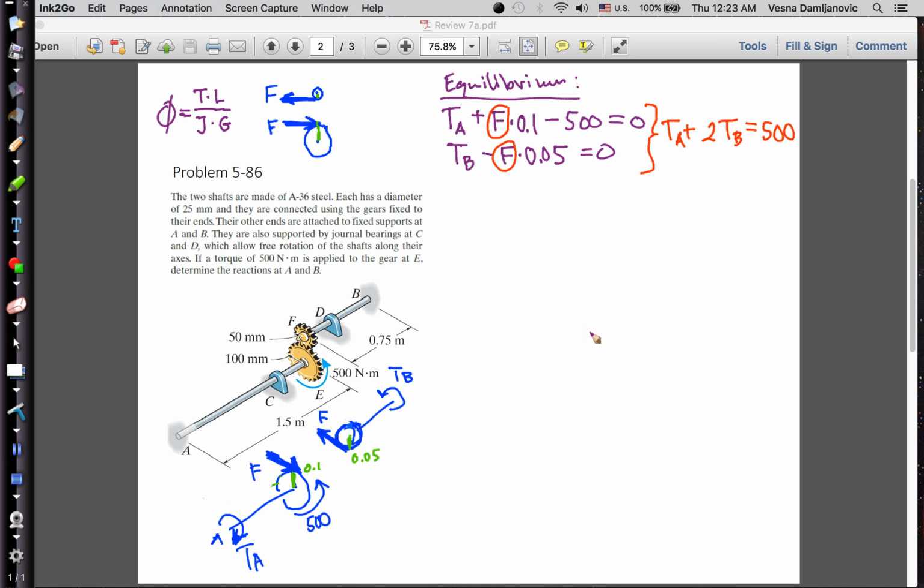I don't need to write that load displacement formula over and over again. But let's see the compatibility condition.